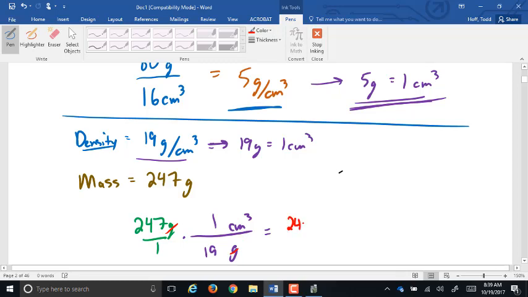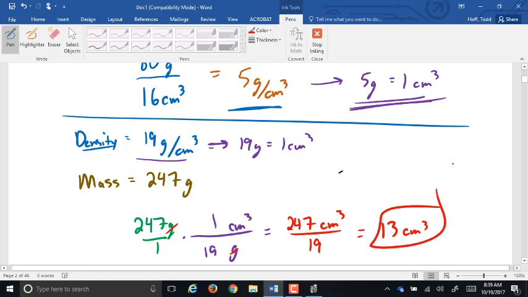This becomes 247 times 1 cubic centimeter is 247 cubic centimeters on top. 1 times 19 is 19 on the bottom. We divide that out, we get 13 cubic centimeters. 19 grams per cubic centimeter, by the way, is approximately the density of gold. So if you had some sort of gold figurine or whatever, you could figure out its actual volume from its mass.